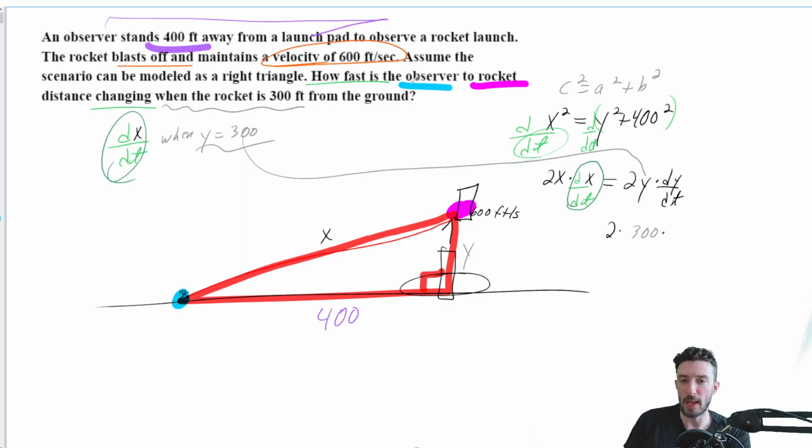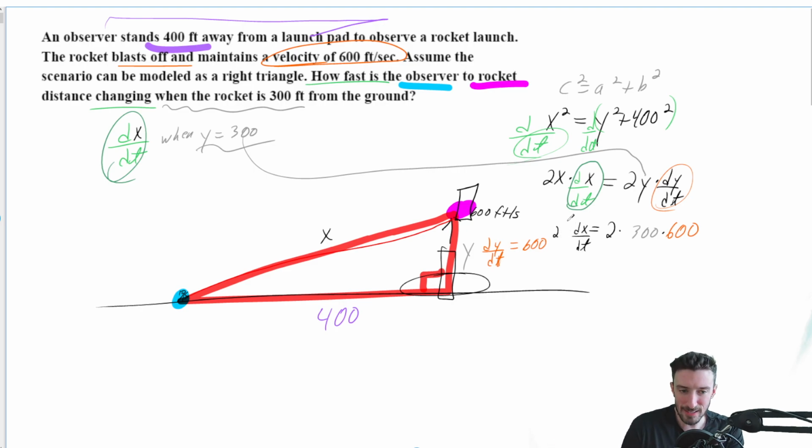That is how fast the rocket is going upwards. So y is the distance between the rocket and the pad. So that means dy dt is the rate at which that distance is changing, which is the velocity, which is 600. So we're going to put that 600 in right there. And then that is all equal to dx dt times 2x.